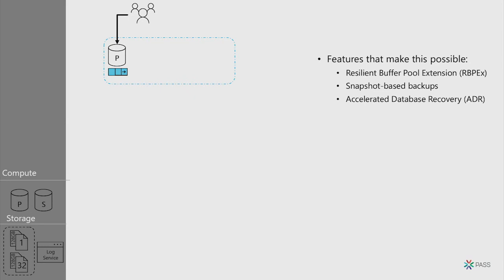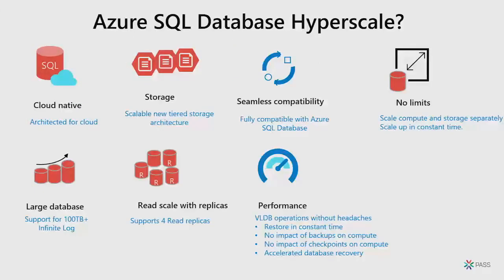If you have a large query, a single query is still limited to a single compute on Hyperscale, whereas on an MPP system, a single query can be distributed across multiple computes. That doesn't make a difference if it's a smaller warehouse, but it can make a difference if it's petabyte scale or hundreds of terabytes type queries.